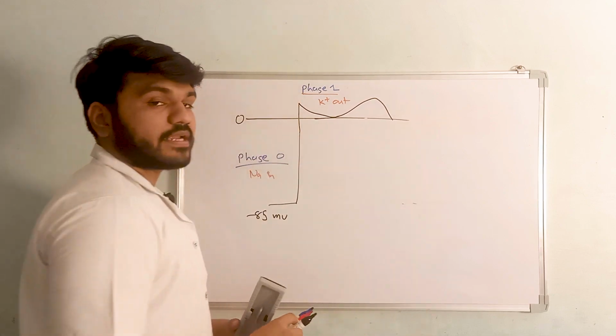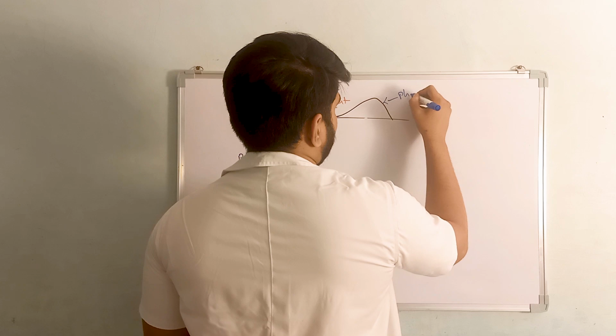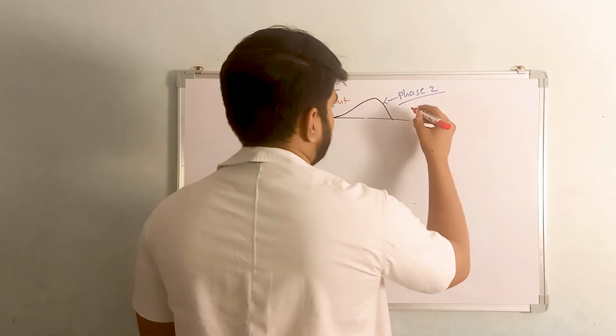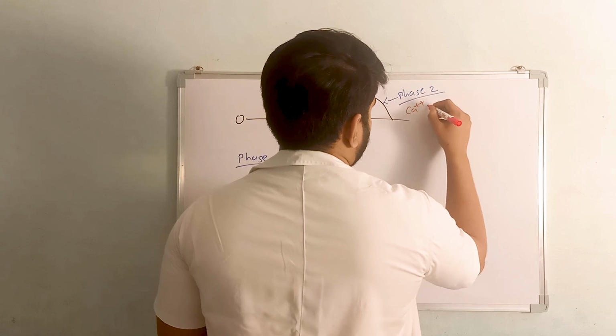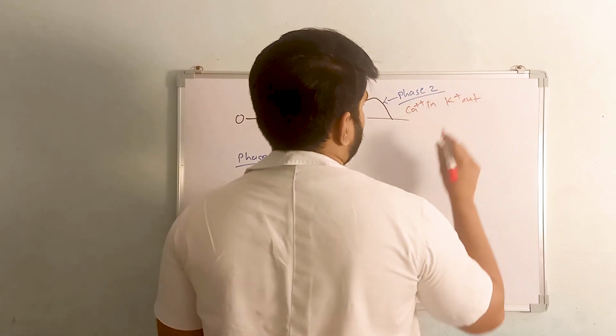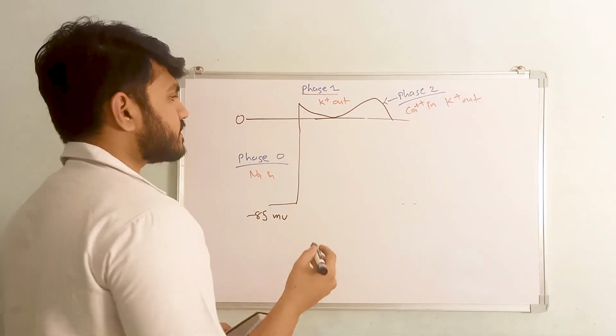So we will get something like this. This is our phase 2, in which we have calcium inside the cell and potassium keeps coming out. Okay. After that, we are going to move forward to phase 3.